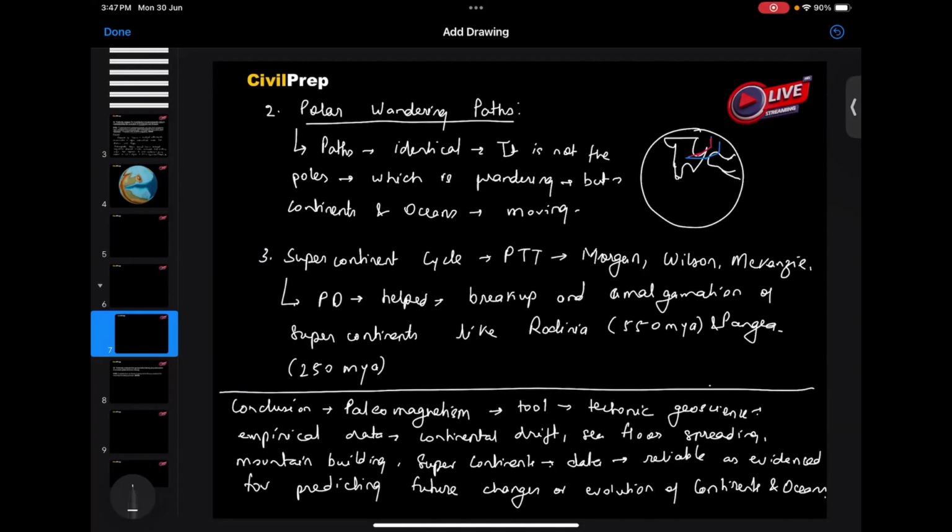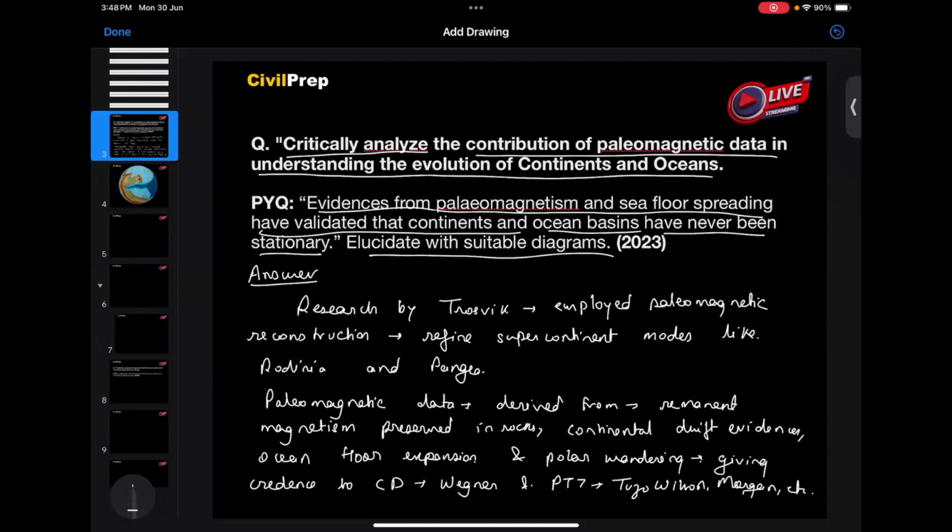So this is one of the answers which suffices the question here. That is, critically analyze the contribution of paleomagnetic data in understanding the evolution of continents and oceans.